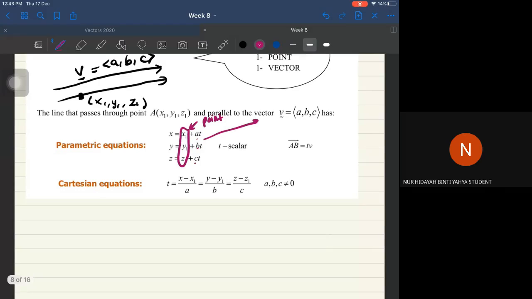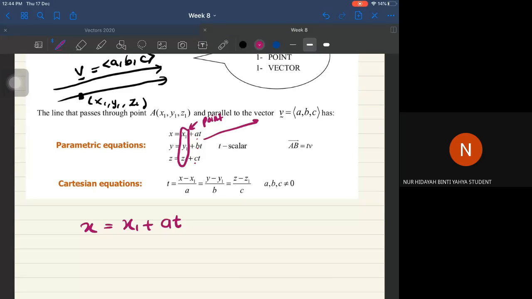Ataupun kita boleh tulis equation of the line dalam bentuk Cartesian equation. So kalau Cartesian equation, kita olah daripada parametric equation ni, kita jadikan T sebagai subjek. Kalau you tengok, the first one you ada x sama dengan x1 plus at.